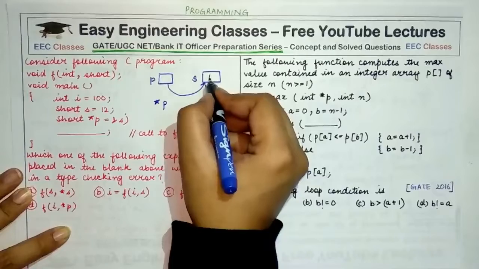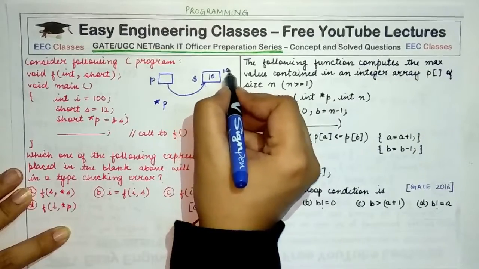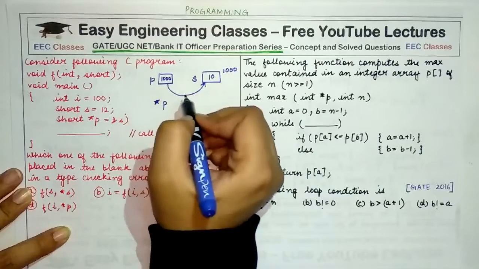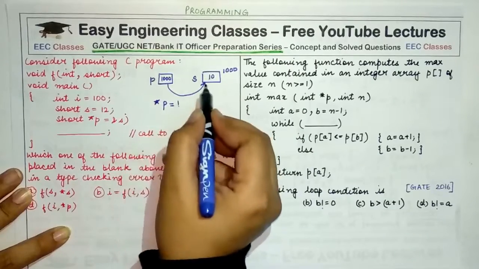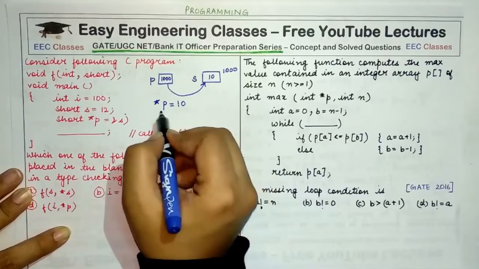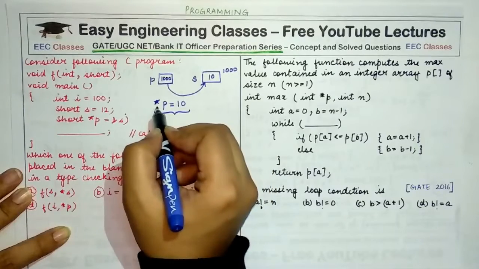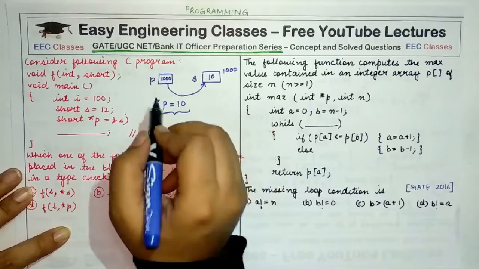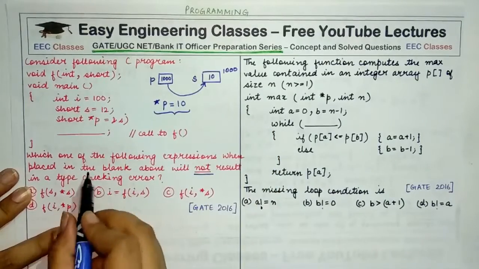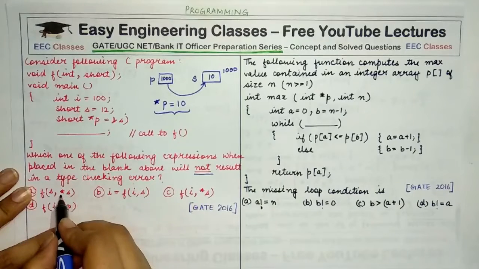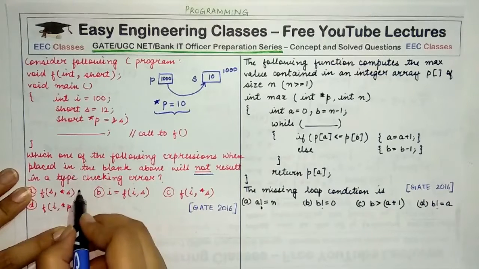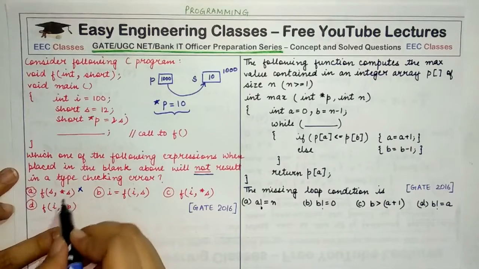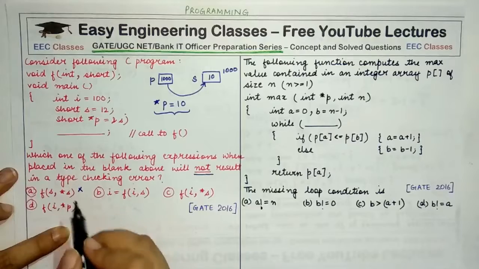So if s contains 10 and its address is 1000, p would contain the address of s and star of p would give me the data contained in s. But we can only dereference p if it is a pointer. Here s is not a pointer, so we cannot dereference it like this and pass it. So this is incorrect. This is not the right way of calling the function.